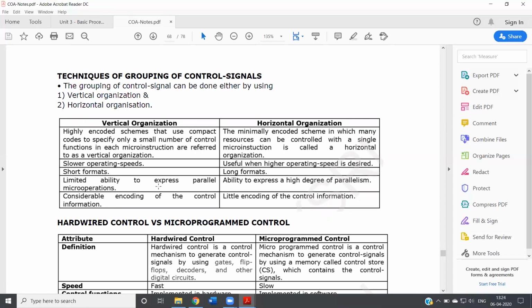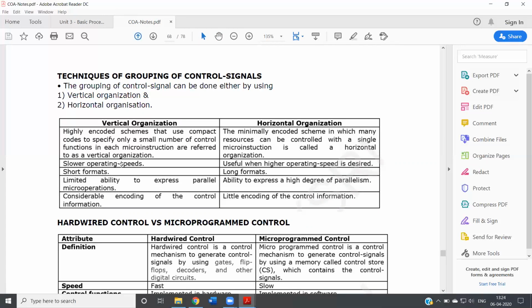In vertical organization, highly encoded schemes that use compact codes to specify only a small number of control functions in each micro instruction are referred to as vertical organization. And horizontal is the minimally encoded scheme in which many resources can be controlled with a single micro instruction.